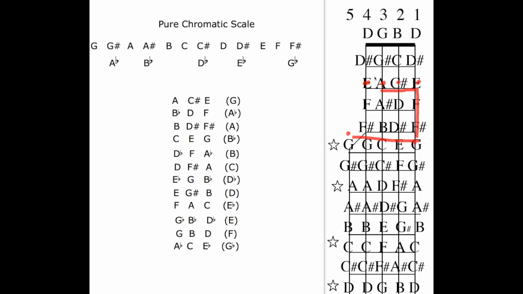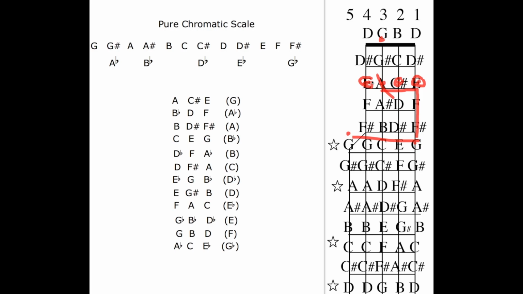Or notice you can fudge. If you take away the A and leave that string open, playing only these 3 notes, you get an A7 with no root in it.